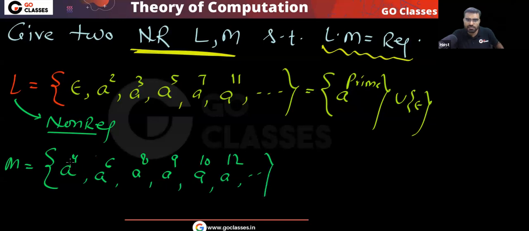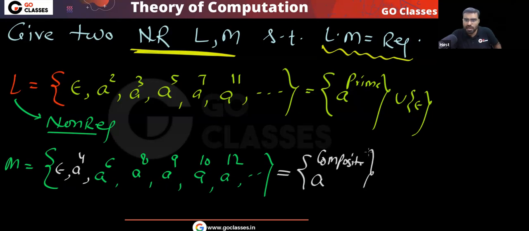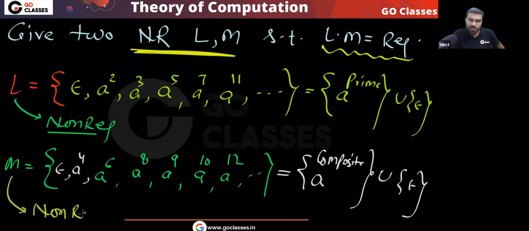Also include the empty string. Tell me, what is this language? This language is a power composite union empty string. Yes or no? This is also non-regular. A power prime is non-regular, and a power composite is also not regular.